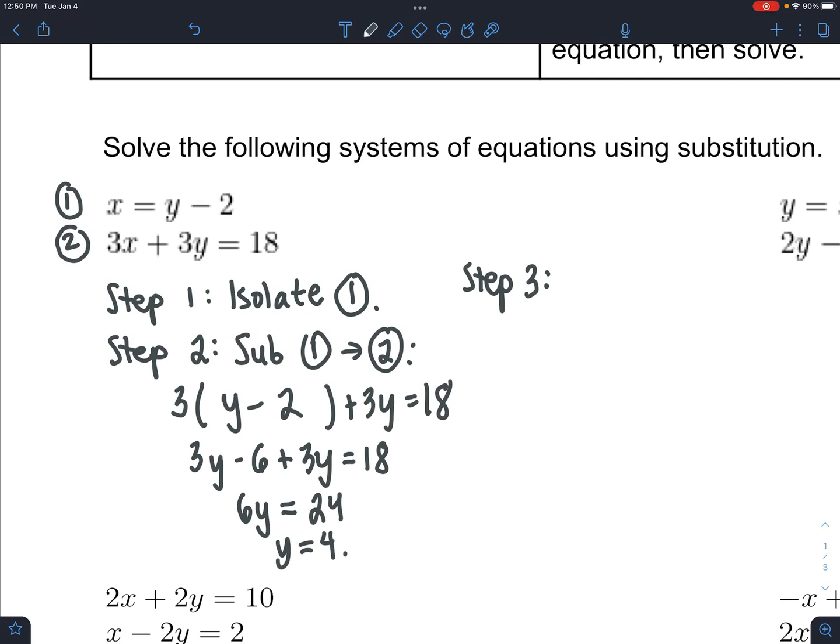You can't use the equation that you just substituted into. You have to go back to the original and plug in 4. So, for example, I want to call this back substitute to remind us that we have to go back to the beginning.